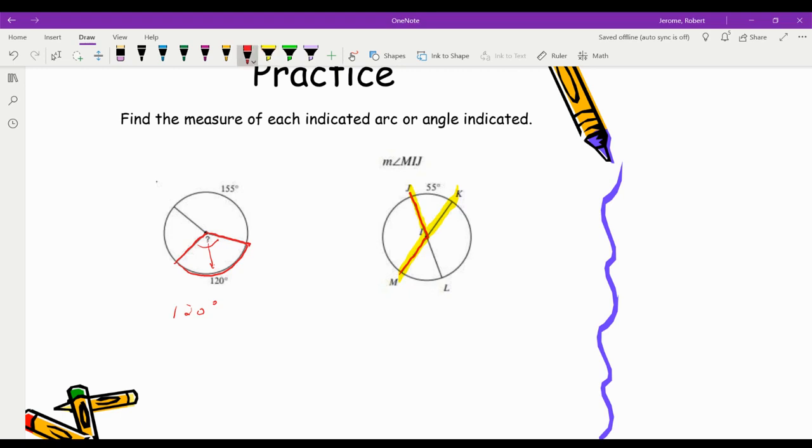So the 55 and the angle or arc next to it have to add up to 180. The diameter cut the circle in half. So we have half of a circle, which is 180 degrees. So to solve this one, we're going to say x plus 55 equals 180, and x equals 125 degrees.